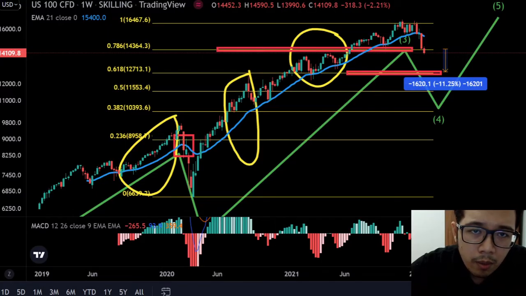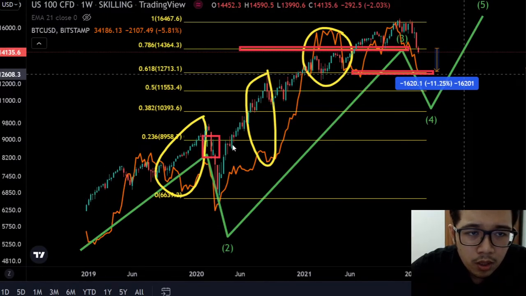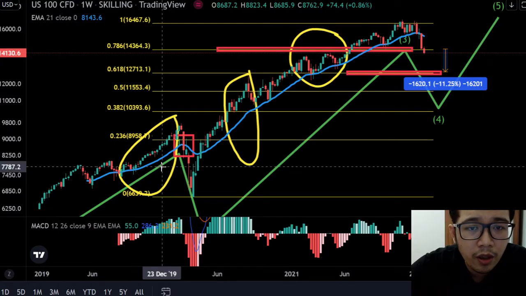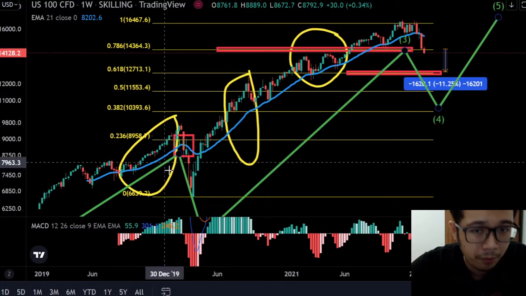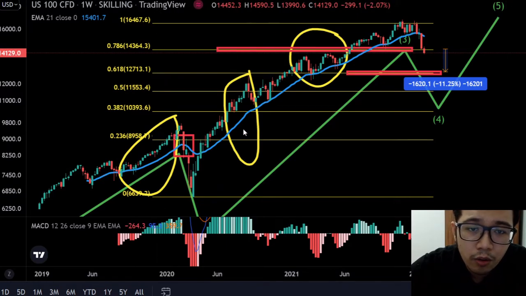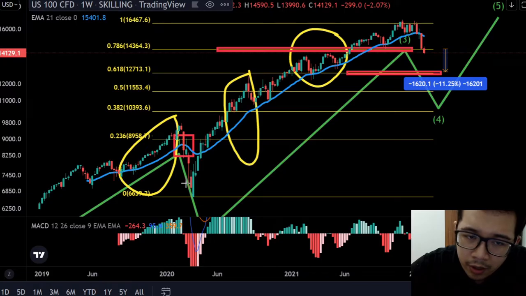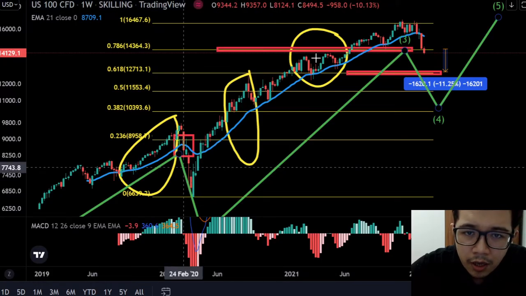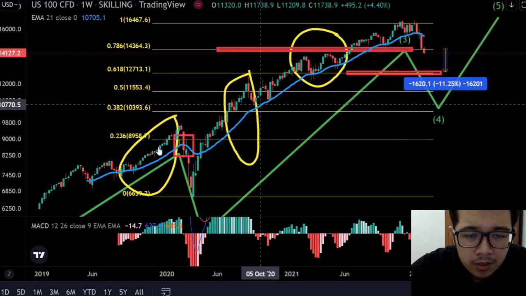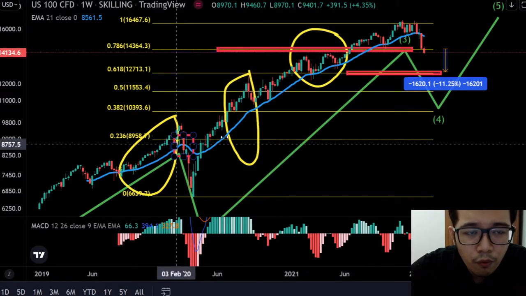Look, maybe it's different. I'm not using the exponential moving average here, just to show the correlation. But if we zoom in, you can see the blue line is the exponential moving average 21 in the weekly time frame. So change to the weekly time frame in your chart, and you can find every crash that happened, like this crash and this crash, we always hold at this blue line, always doing the best test at the 21 exponential moving average.